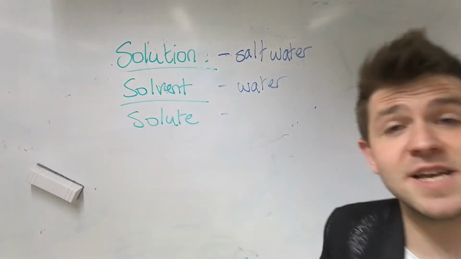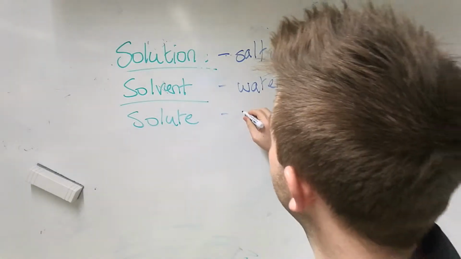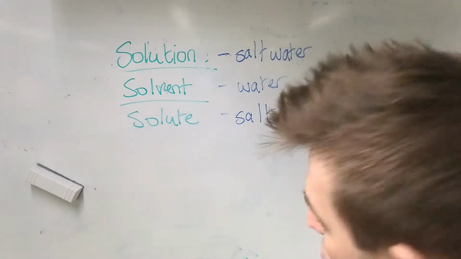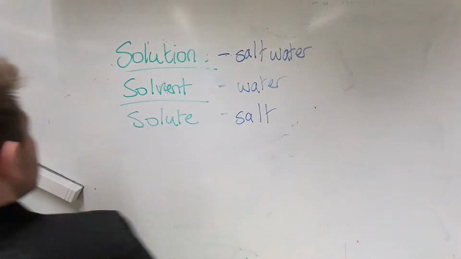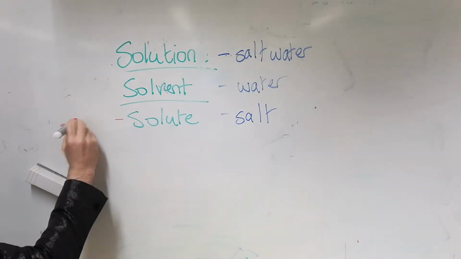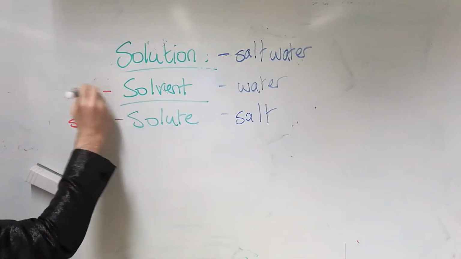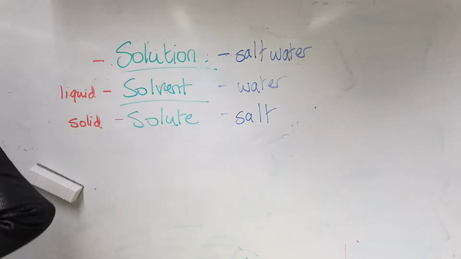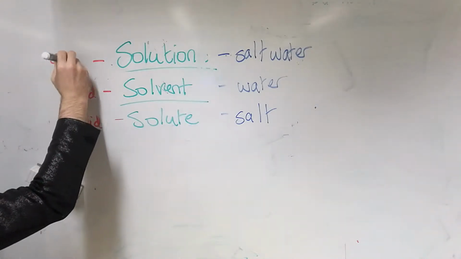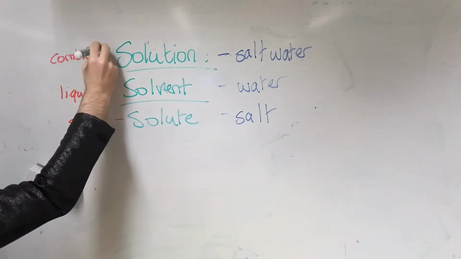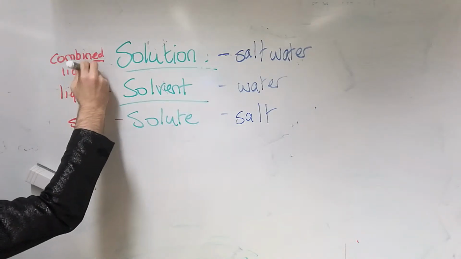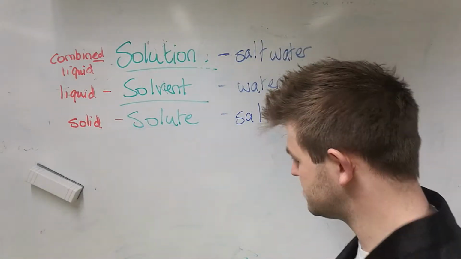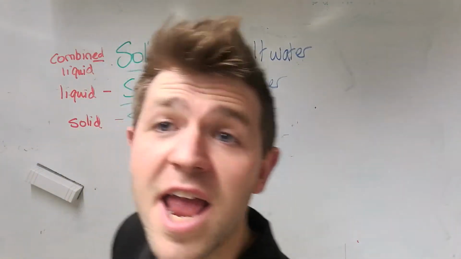The solute is therefore the solid part. In this case, it is the salt. So much, so easy. The solute, once again, is the solid part. The solvent will be the liquid. And the solution is the combined liquid. Those two things together.